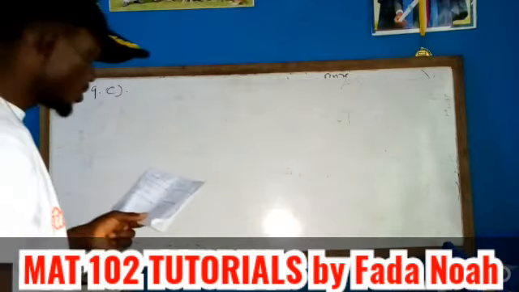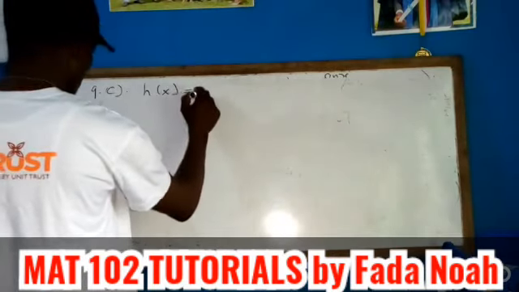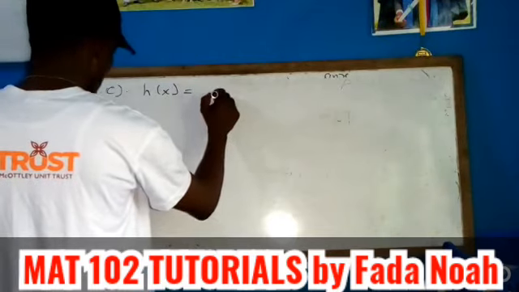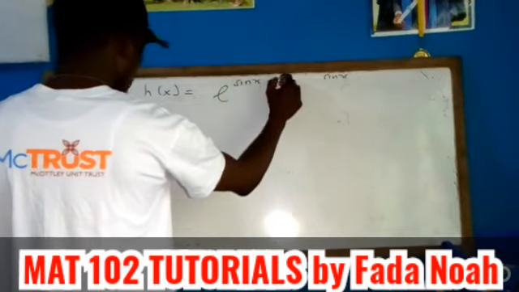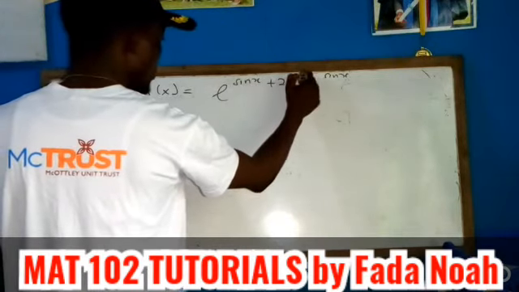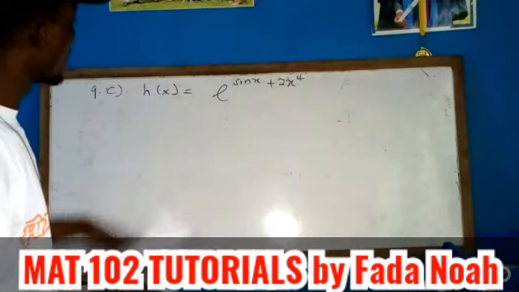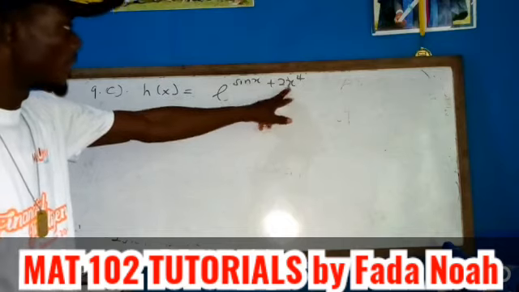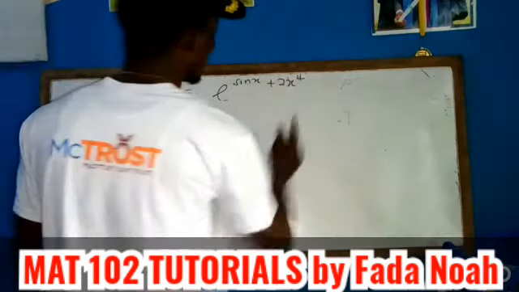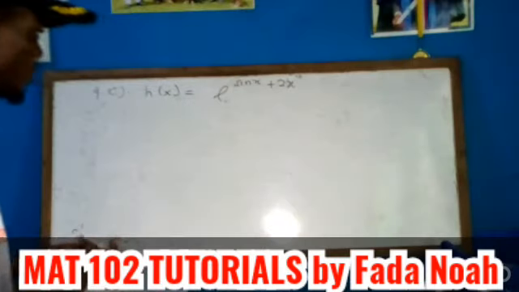So question 9C, we have h of x equal to e exponent sine x plus 2x exponent 4. You have this h of x equal to e exponent sine x plus 2x exponent 4. You are asked to find the derivative.